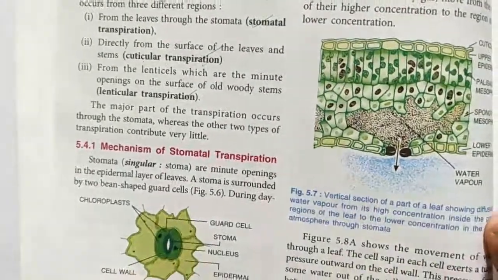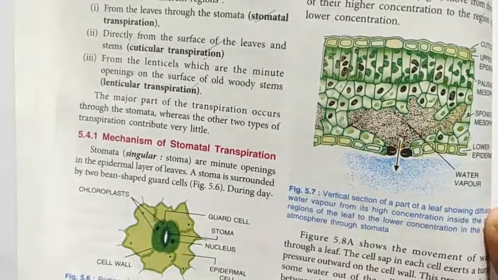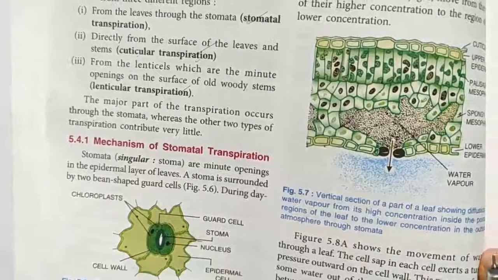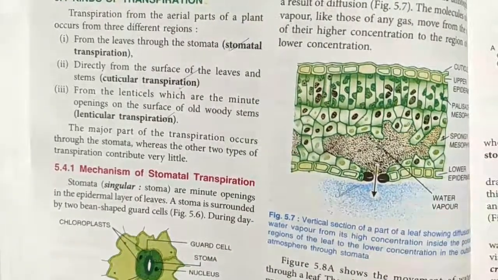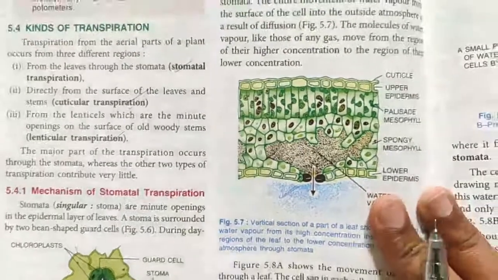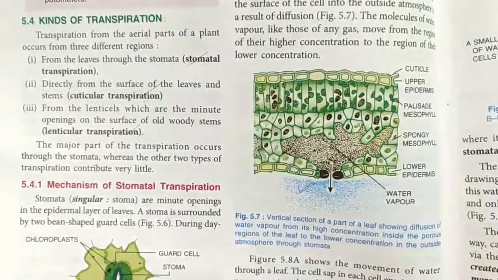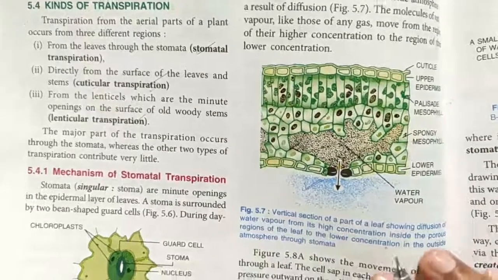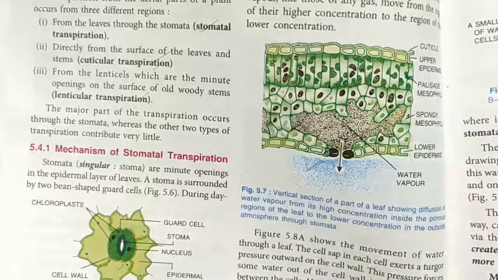Now the first one is the mechanism of stomatal transpiration, how stomatal transpiration takes place, and for this you have to learn this diagram. This diagram is very important. It will also come in the next chapter. So please learn this diagram and try to draw it yourself also. As you know, in the leaves there are some small pores, and these pores are known as the stomata.